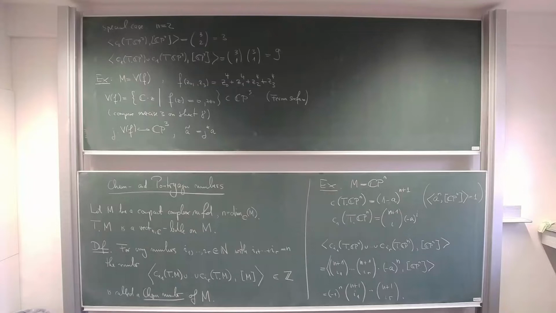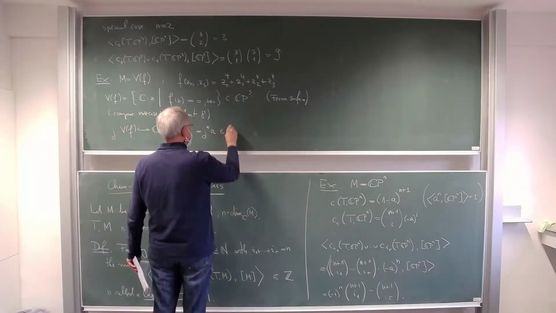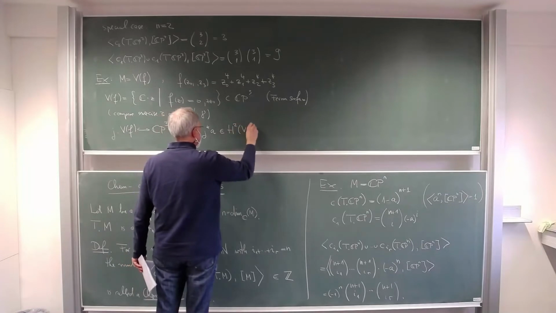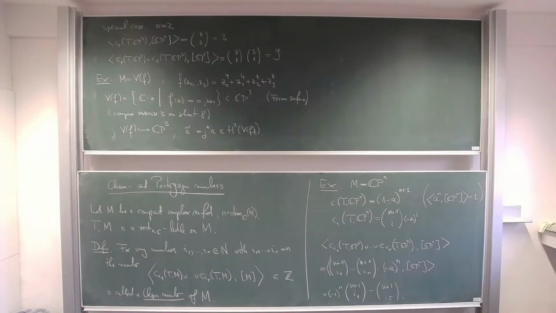And now that's an element in the second cohomology of the Fermi surface. And now the whole Chern classes and everything will be expressed in terms of this a twiddle.